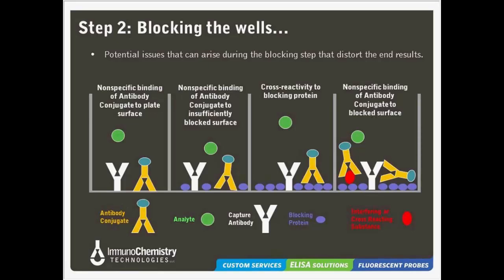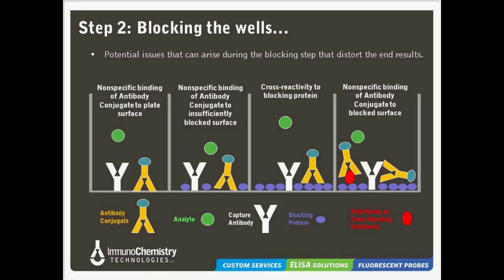In the second case, the plate is blocked, but it's not blocked very well, and there are certain blockers that don't block very well, so there's still space there for that signal generation antibody, the yellow antibody fragment, to bind to that plate directly. In the third case, you could have a cross-reactivity with the actual blocker.